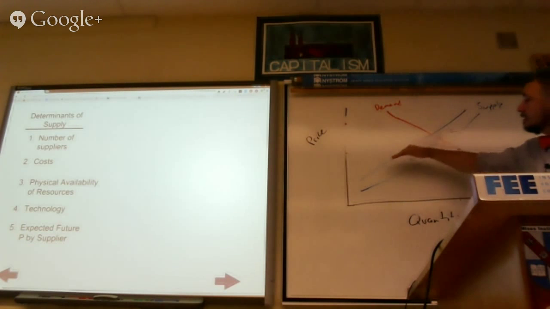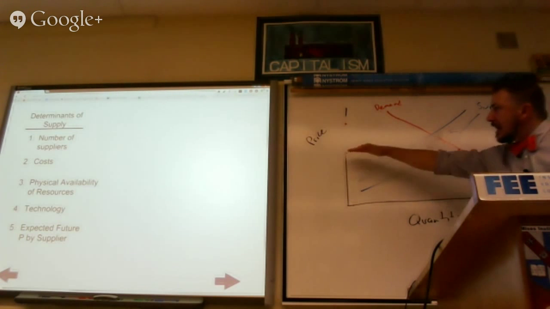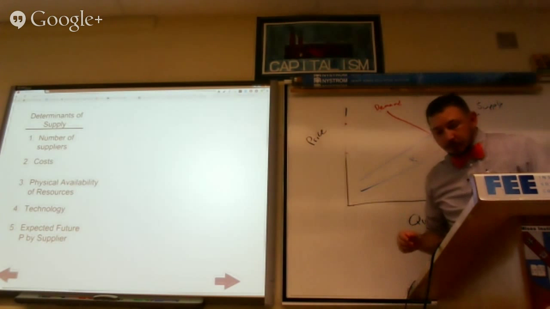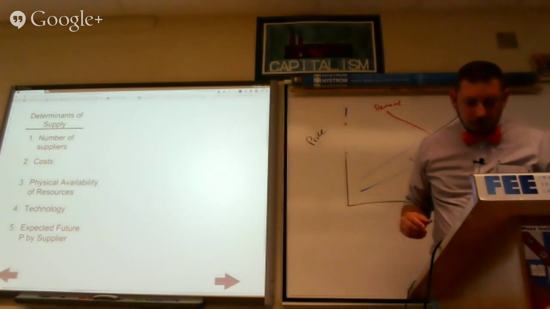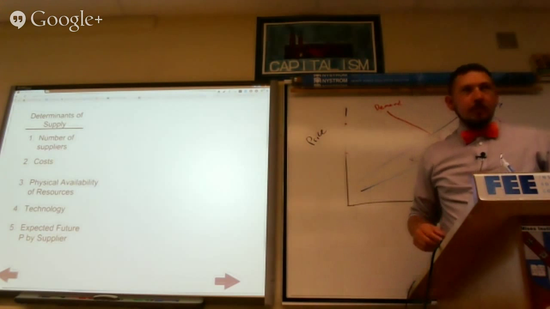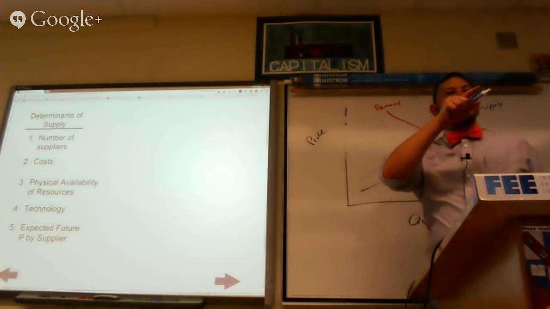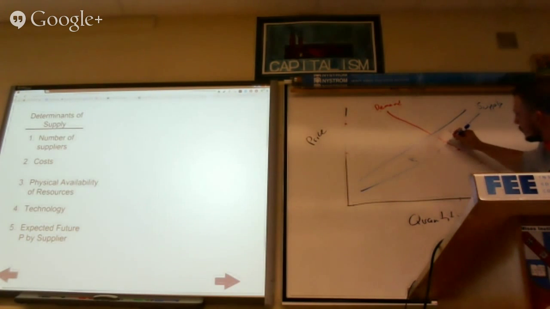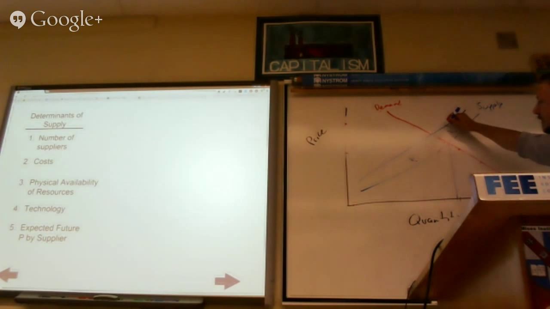Meaning the supply, the quantity that they produce at every price point, is going to go down. Why would they produce less if the cost of production goes up? Why not just raise the price of the product and keep making the same amount? So here's the thing: I'm not looking at the quantity that they produce. Let's say they were producing at this quantity before, and they continue producing at that quantity, okay?